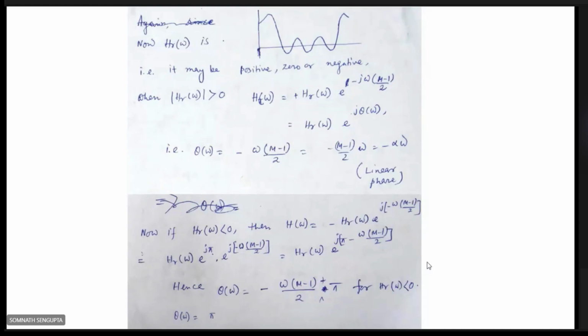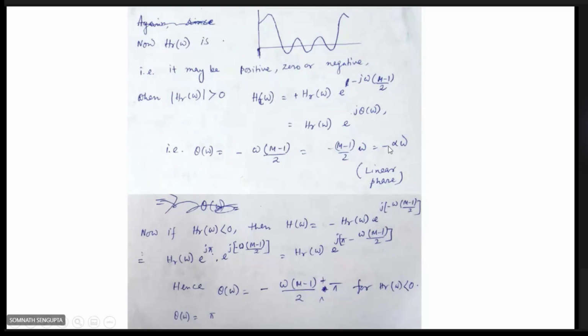So here they all exhibit the linear phase characteristics where theta omega, the phase term, is equal to minus omega m minus 1 by 2, or m minus 1 by 2 omega, that is alpha omega.